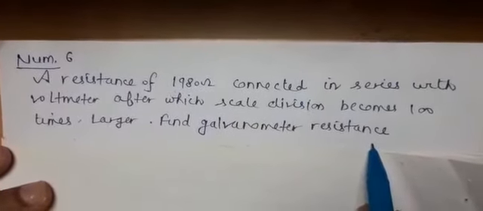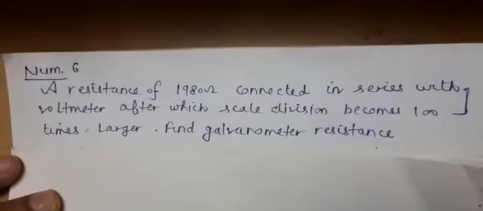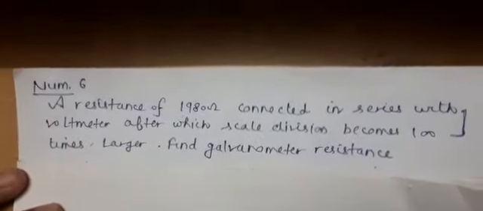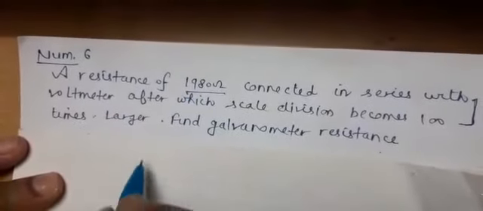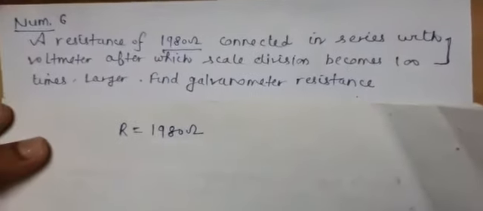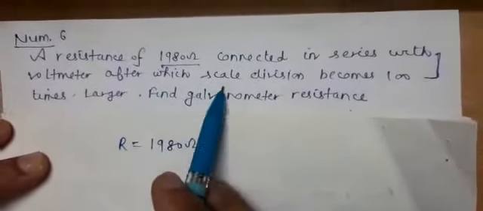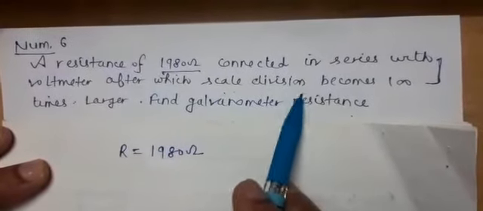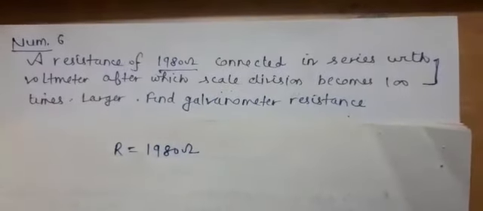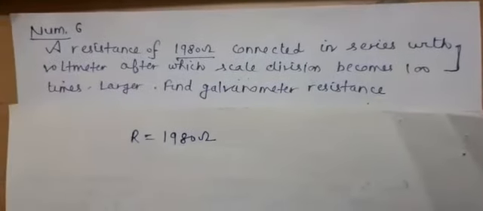See here, basically these two lines are giving you the maximum information. The resistance connected in series with the voltmeter is given, and when it is connected, the scale division becomes 100 times larger. On the basis of it, you have to find the galvanometer resistance.